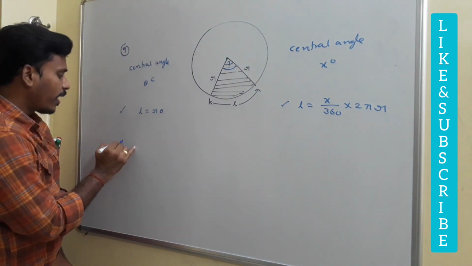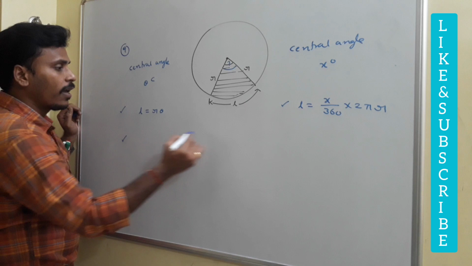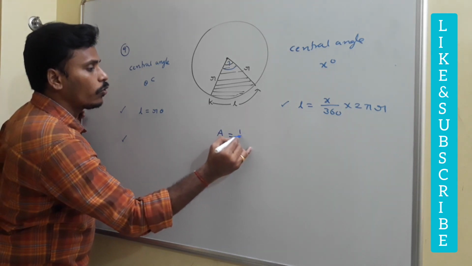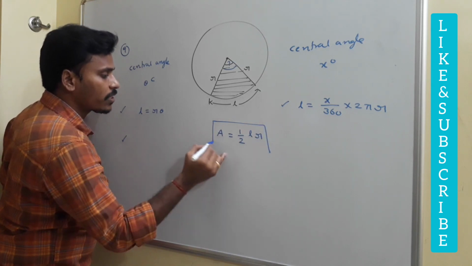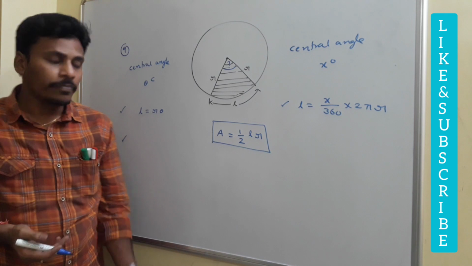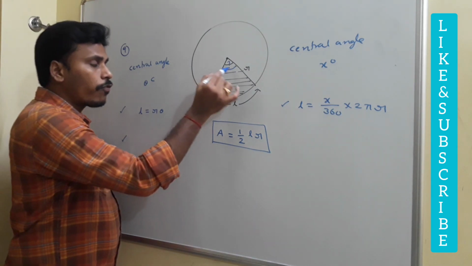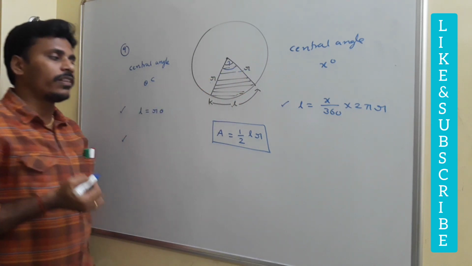And the next thing is the area of the sector. From mensuration itself, we have a basic rule that the area of the sector is equal to half LR. Note it down. If you don't know it, just try to develop this, okay? Or otherwise I will give it to you some other time. The area of this region is nothing but half times the length of the arc L multiplied with the radius.